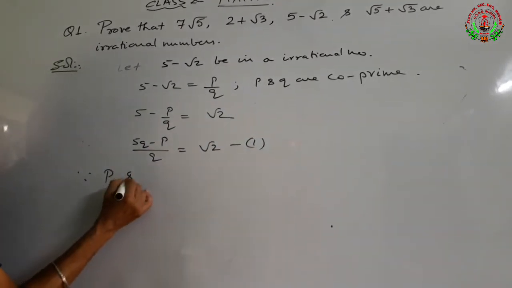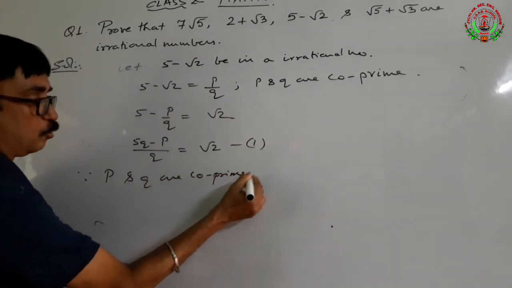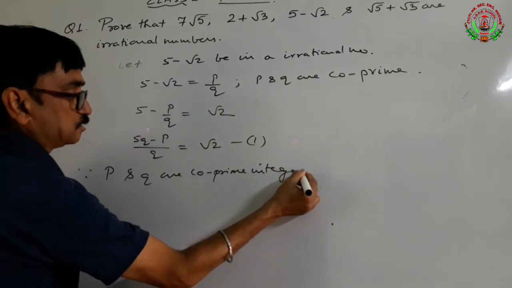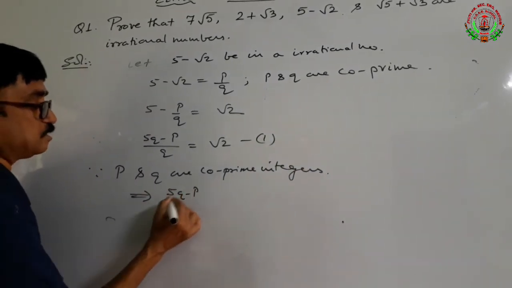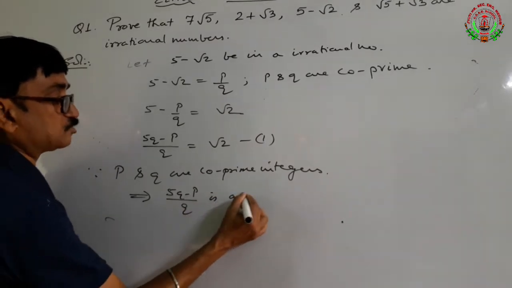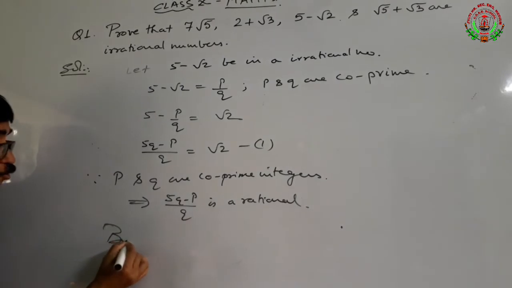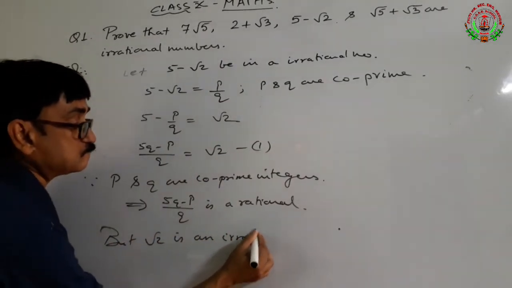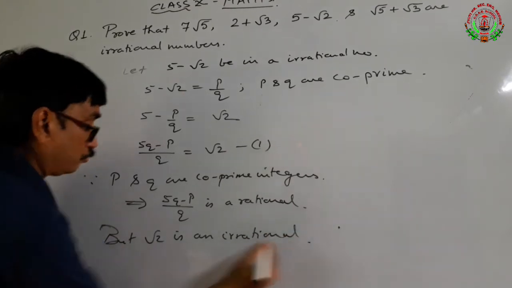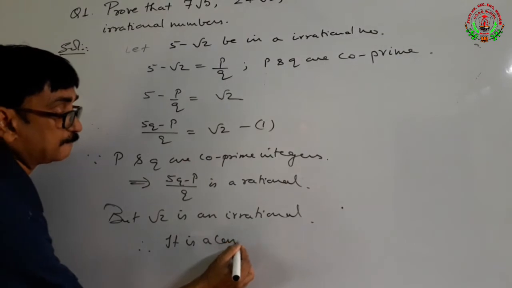Since p and q are co-prime integers, which implies that 5q minus p upon q is rational, but root 2 is irrational. Therefore, it is a contradiction.